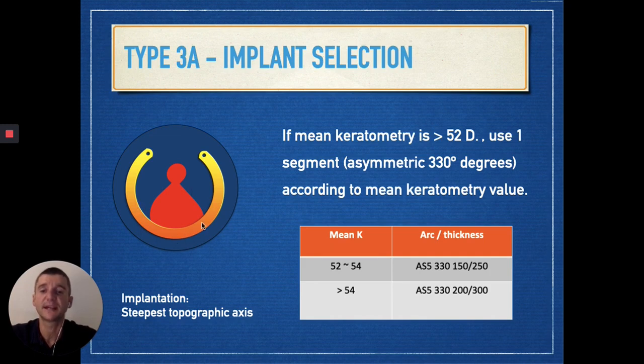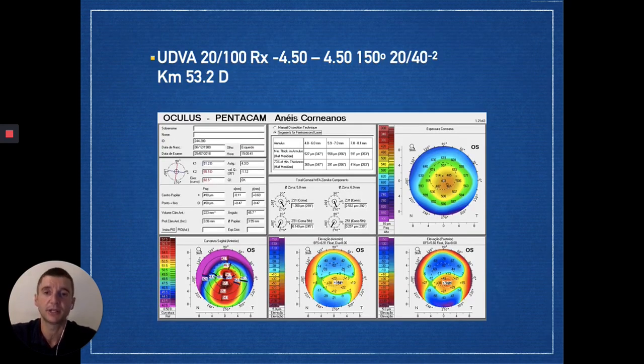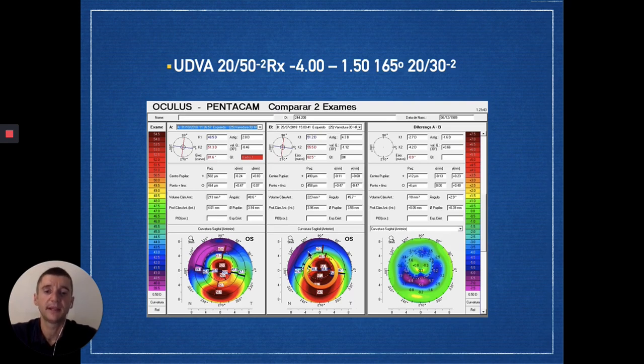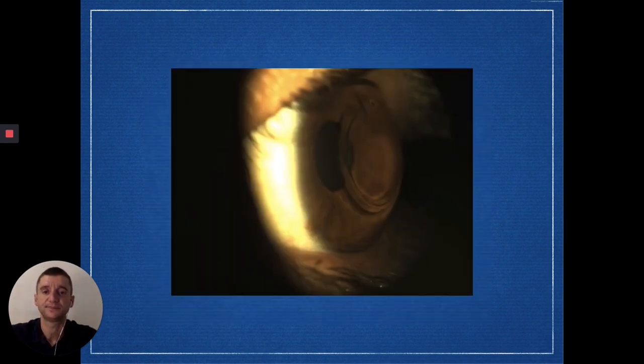So it's thicker at this bottom part of the segment, so we can achieve a greater correction as well. So in this patient we implanted this kind of segment, the 330 asymmetrical one, and we did have a greater correction right here with excellent visual acuity result.